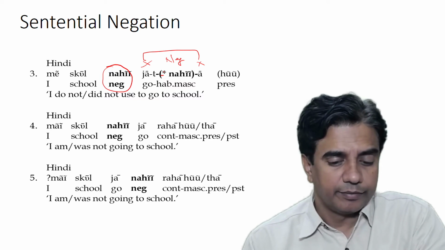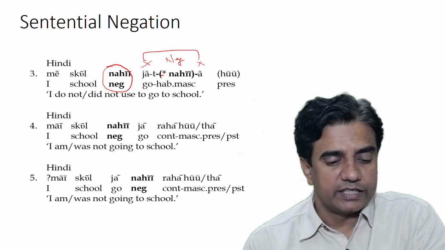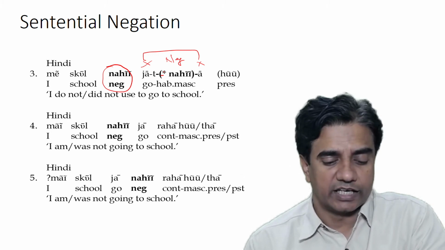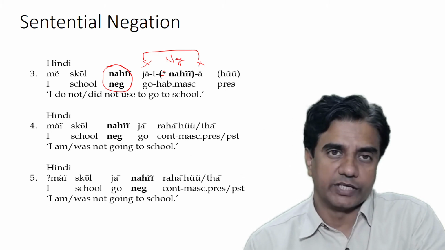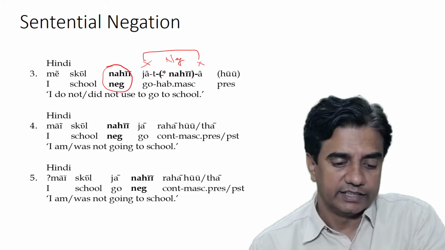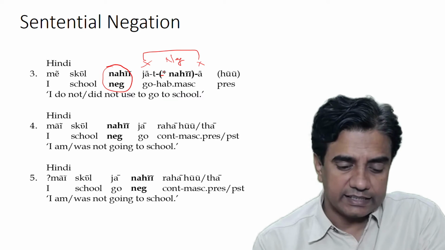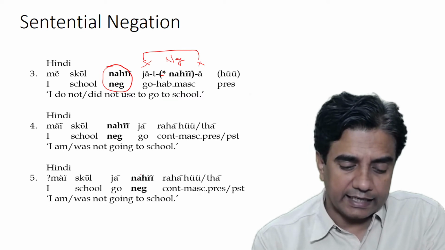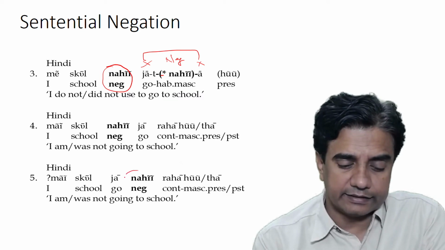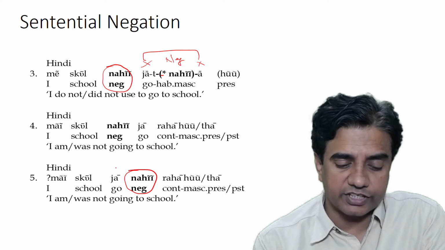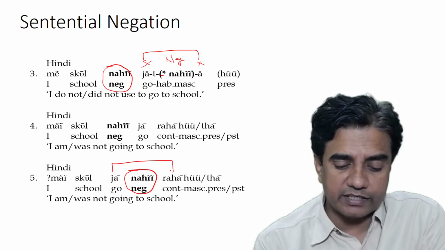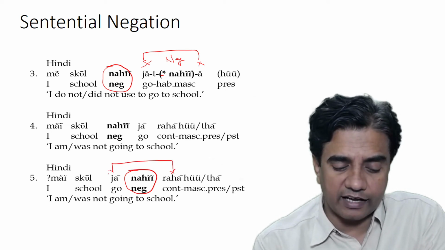Similarly, we see मैं स्कूल नहीं जा रहा हूँ and मैं स्कूल नहीं जा रहा था. However, in sentence 5, the occurrence of negation in between ja and raha is okay.